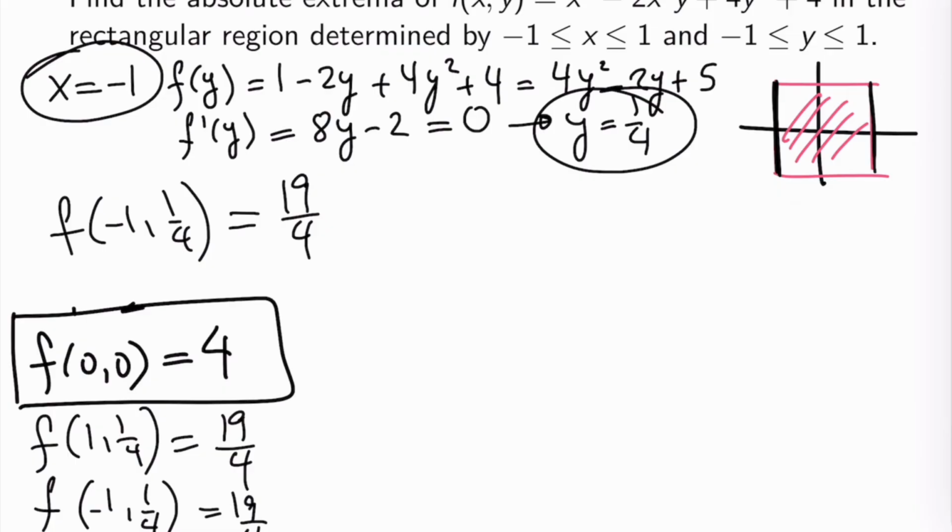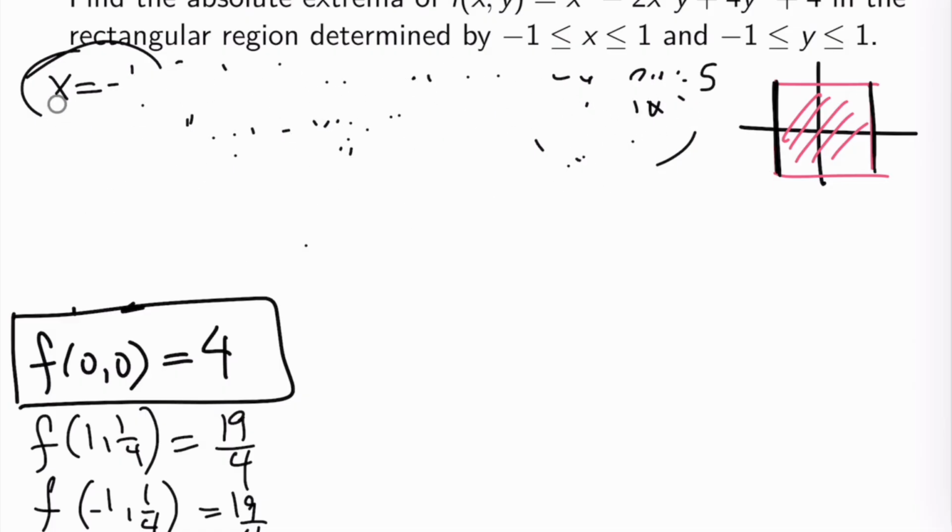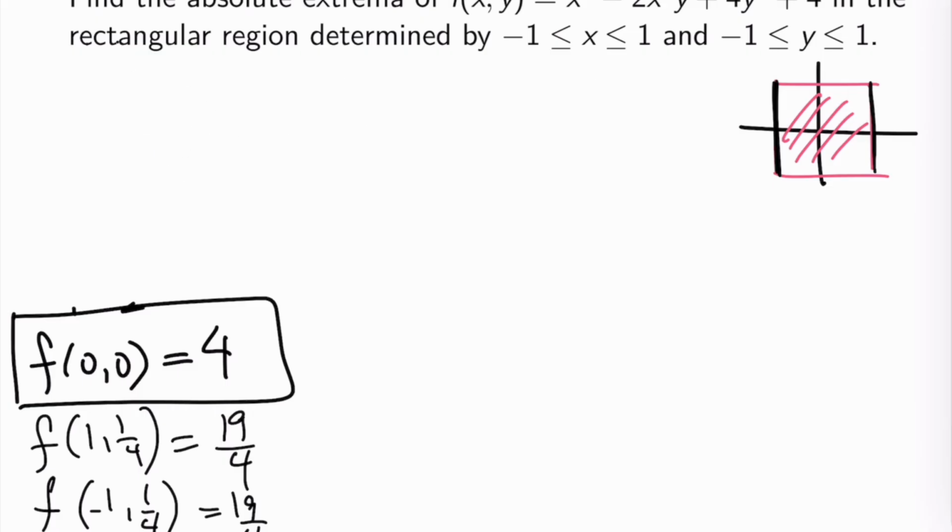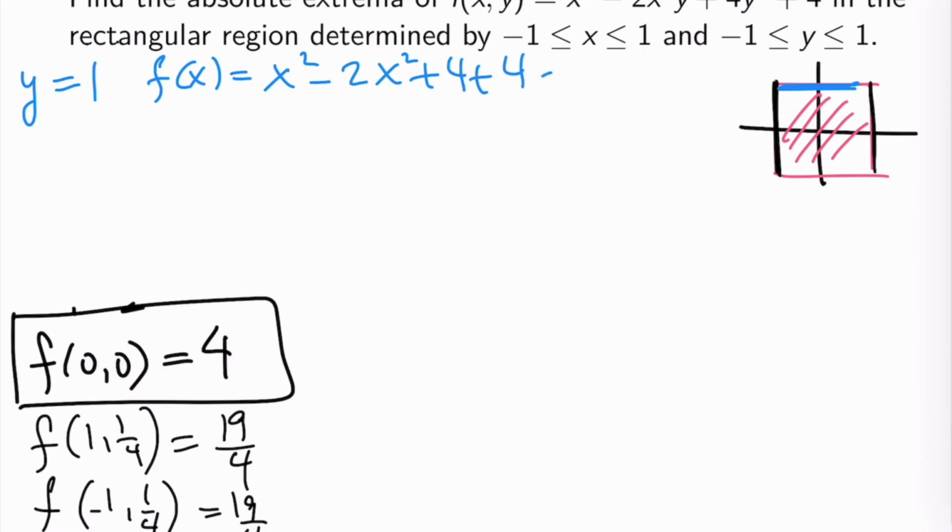Okay, so now we go to the points in the two horizontal segments of this domain. Let's see what happened here, for instance. That will be when y is equal to 1. We substitute and we get that f of x, again, is a function of just one variable, equals x squared minus 2x squared plus 4 plus 4, which is minus x squared plus 8.